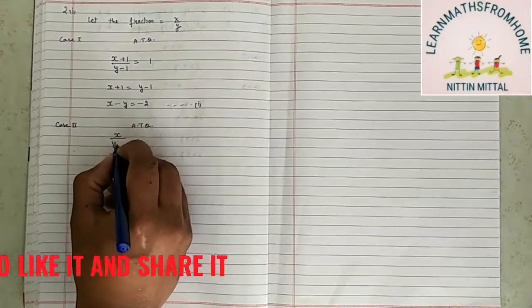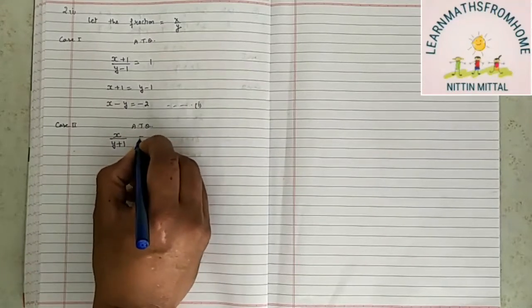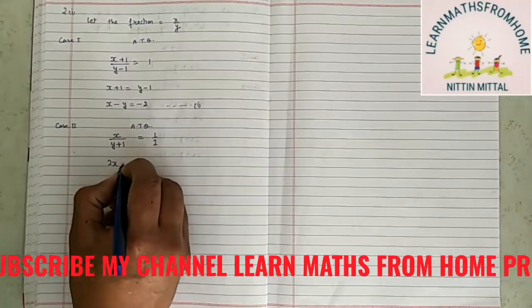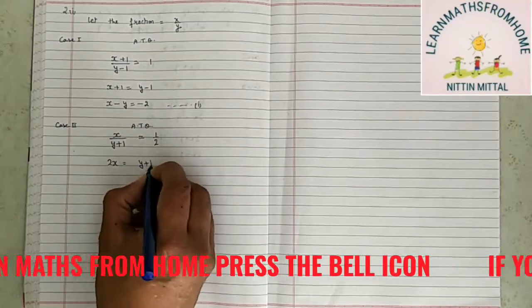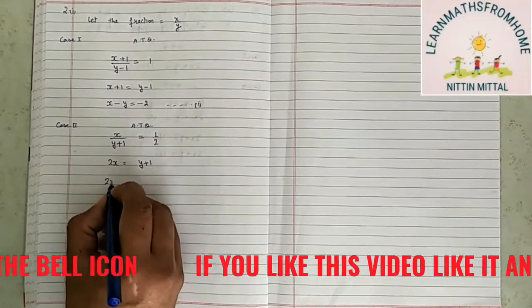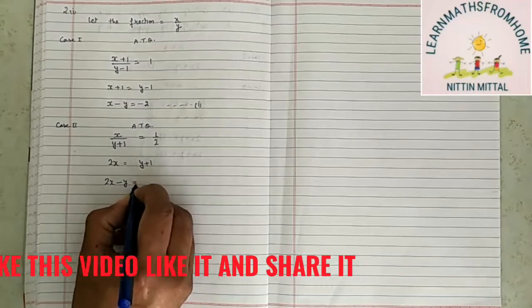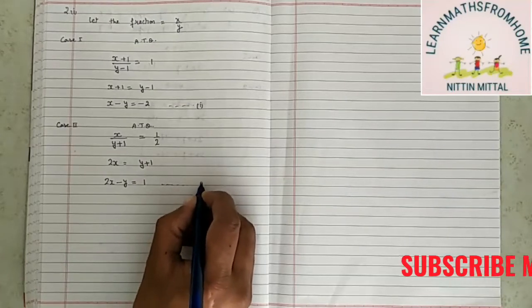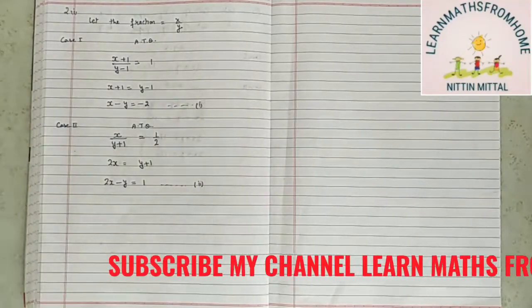The 1 we are adding in the denominator. Now the fraction becomes 1 by 2, cross multiply. 2x is equal to y plus 1. Bring the variables on the left hand side and the constant will remain on the right hand side because we have to apply the elimination method, right? So let it be equation 2.